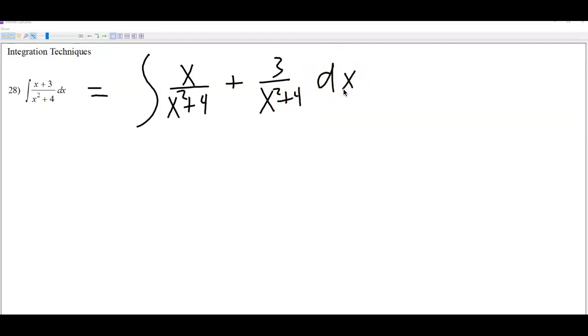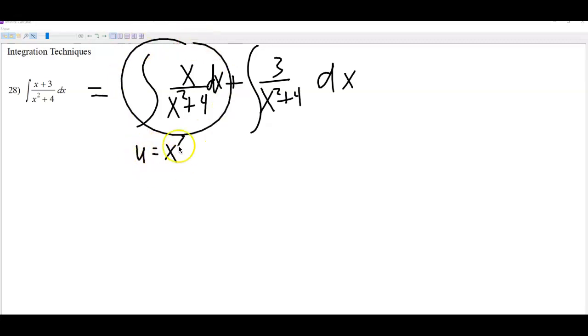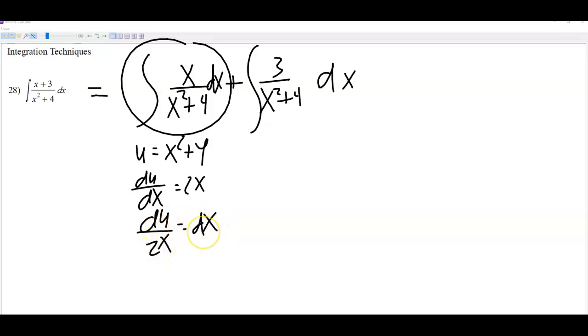All right, so we want to integrate these separately. So I'm going to actually just make them separate integrals. So let's start off with this side here. I'm going to make my u x squared plus 4. My du dx is 2x. So doing my u sub, I get x over u, du over 2x.